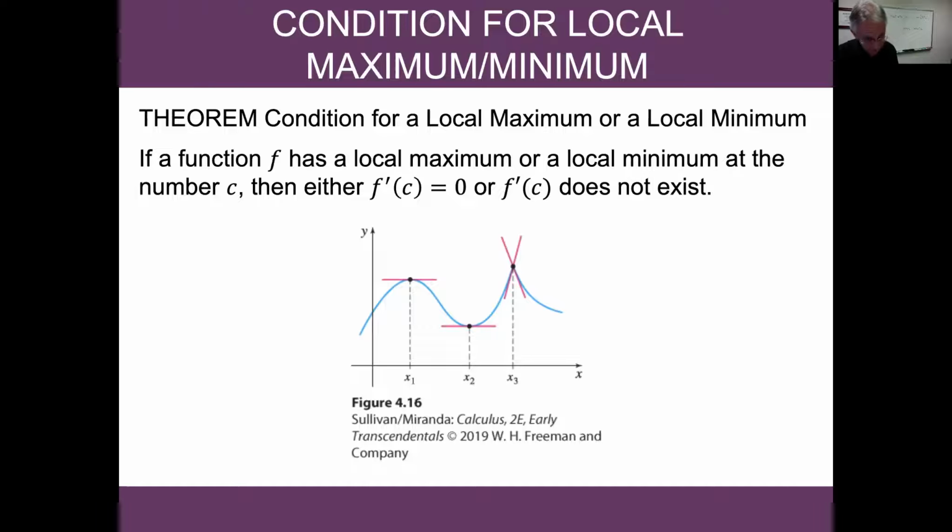And x3 also has a situation there that can be a local max or min. It turns out that is a local max, and f prime of c does not exist. The derivative does not exist because you can see the slopes are not the same if you come in from the right and you come in from the left. You can see that in the red writing there.